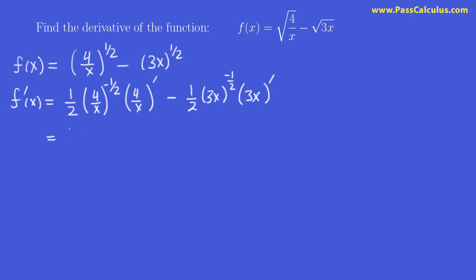Okay, why don't we see what happens here? You know, 4 over x to the negative 1/2, if I flip that, I can write x to the positive 1/2. How about the derivative of 4 over x? Well, I think it's useful to remember the derivative of 1 over x. It's negative 1 over x squared, right? Maybe the way to remember how to do that is, this is really x to the negative 1.